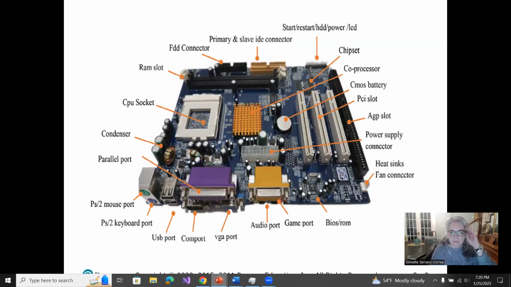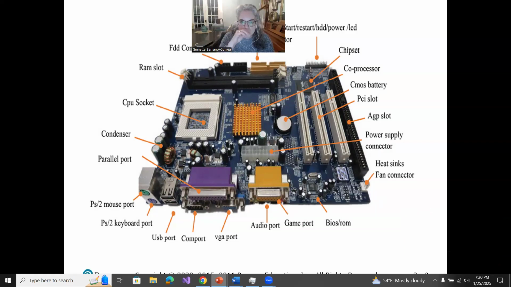So here is just a picture of a motherboard. This here is the CPU socket. So this is where your CPU would be locked in. This is just to give you an overview of some of the parts of the computer, which there is a section towards the end of your book that goes over some of the components of the system.